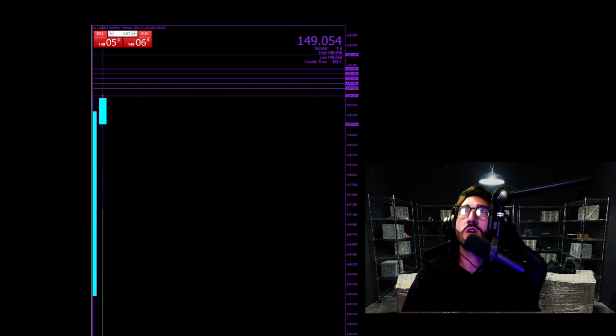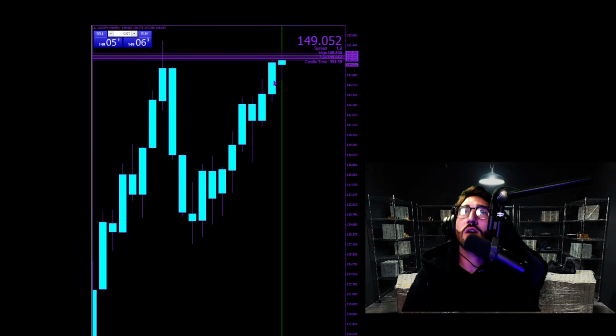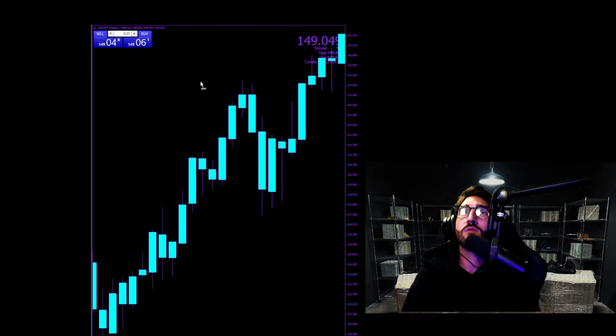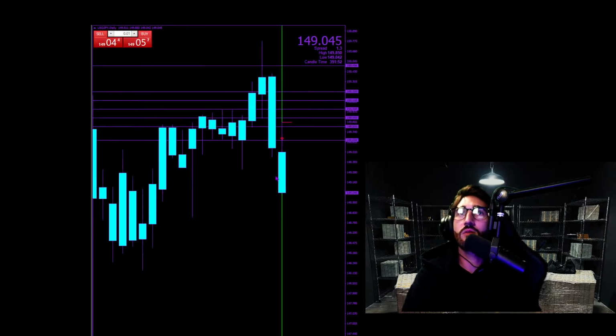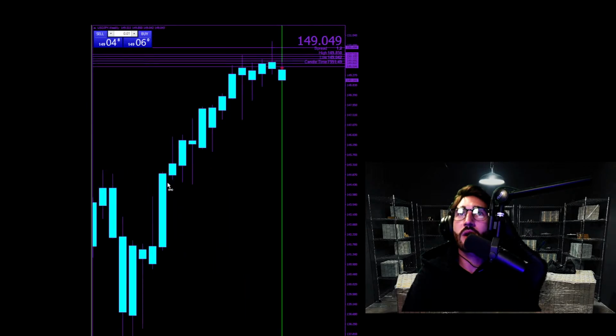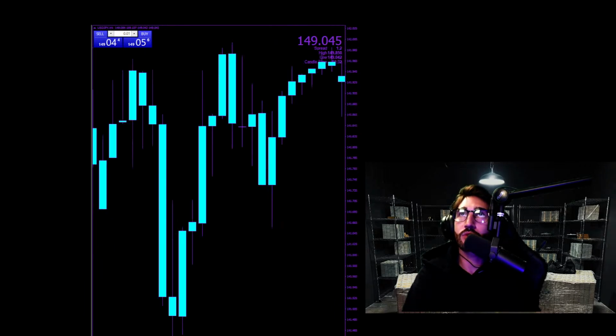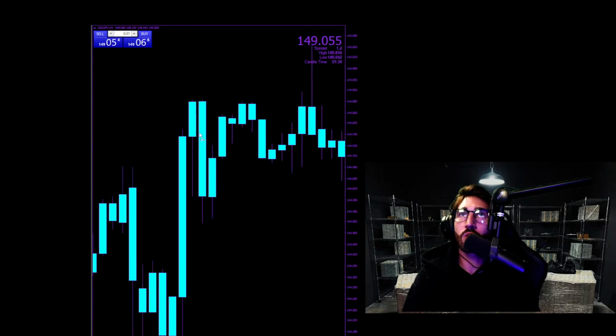The weekly looks like we could have more consolidation, honestly. I take that back. We might end up seeing 148.1 for the week. That is a pretty good chance right there. 141.